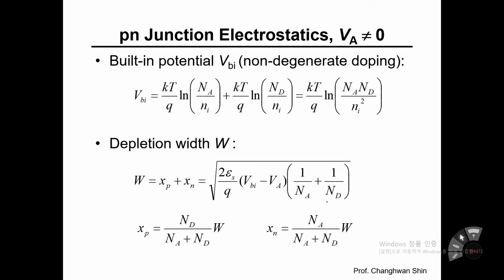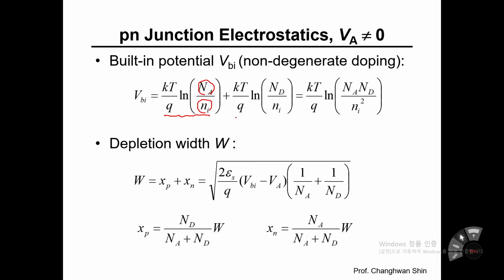Previously, when the PN junction diode is at thermal equilibrium, its built-in potential, denoted as VBI, would be described as the sum of two terms. One term is kT over q times ln of the doping concentration on the P side divided by n sub i, the intrinsic concentration.